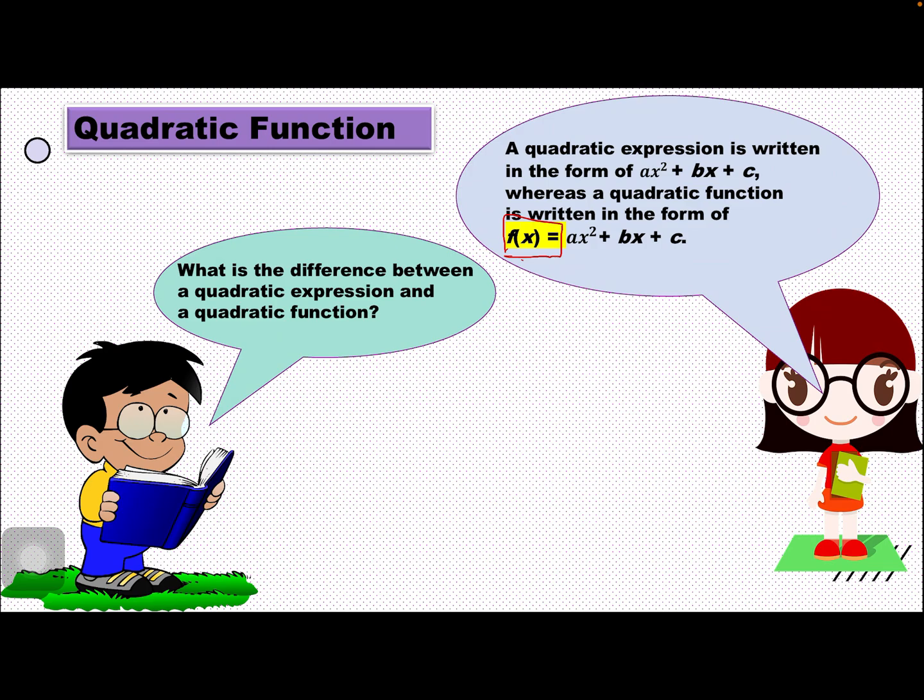So you have f(x) there, meaning that this is the function. You can put it as equal to 0, quadratic equation. So quadratic function is when it is f(x) equals ax squared plus bx plus c. Quadratic equation is when you see that it is equal to 0.